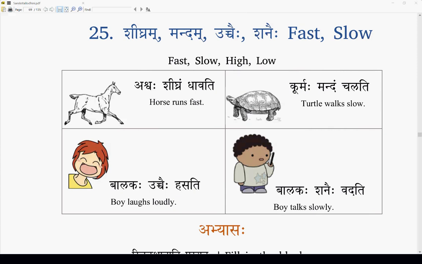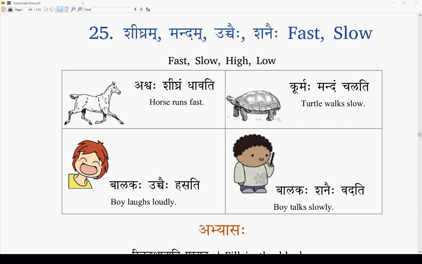Now, Ashvaha Dhavati, Shigram Dhavati. Now, if the sentence is like vehicle is moving fast, now we can say vehicle, vahanam.